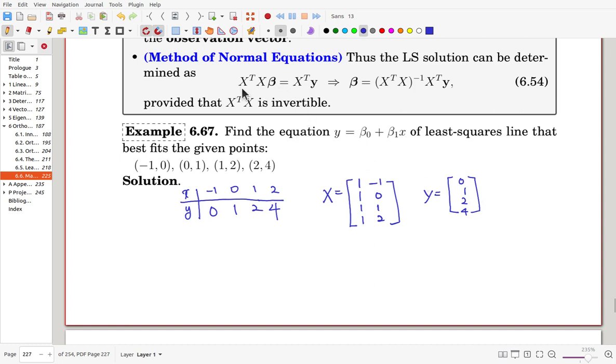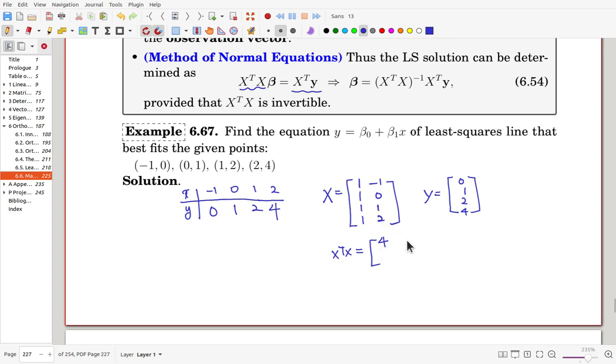Now we have to organize X transpose X and now X transpose y. Let's do it here. X transpose X. After taking X transpose, the first row, first column is the same as this first column dot product with itself. Okay, that is 4.